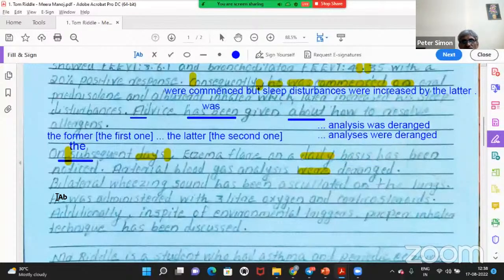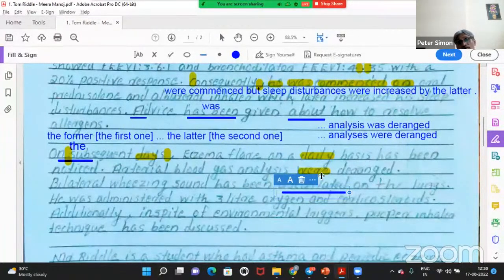Bilateral wheezing sound. Wheezing is enough. Wheezing itself is a sound. Bilateral wheezing sound has been auscultated. Auscultated has a spelling mistake. Auscultated on the lungs. So here it's on the subsequent days, and here you use past tense, so here also you should use past tense.